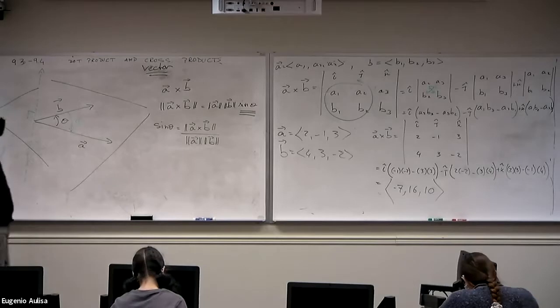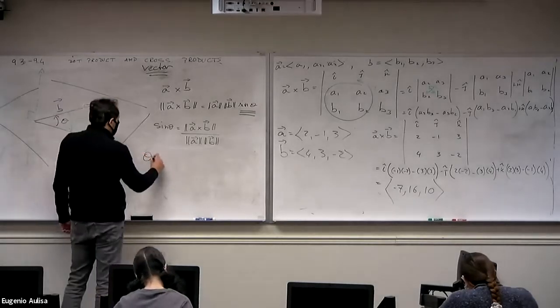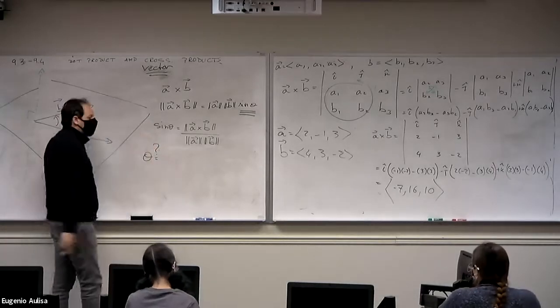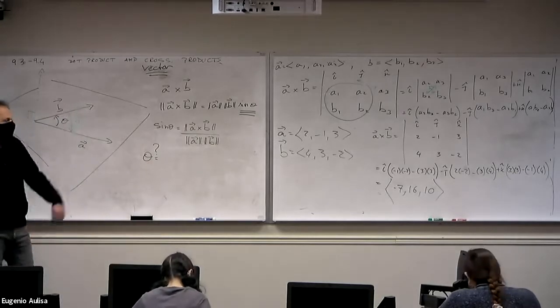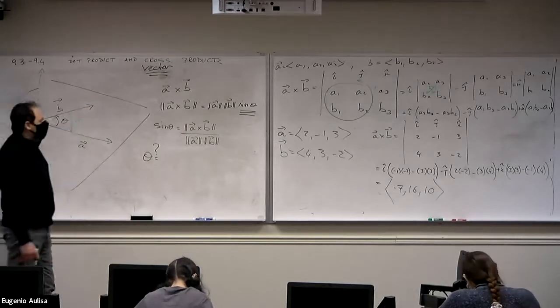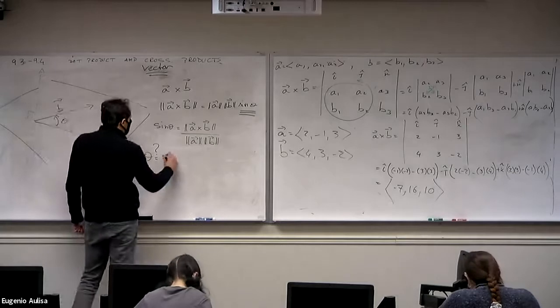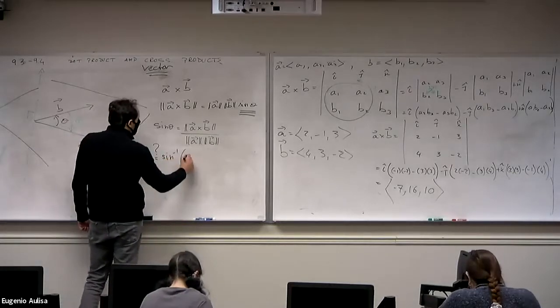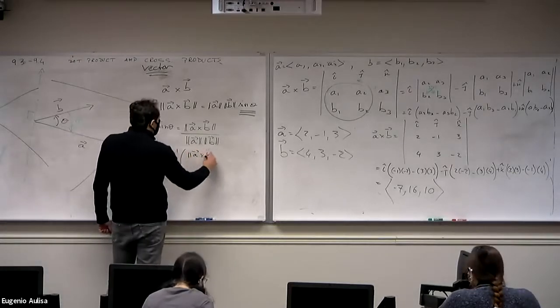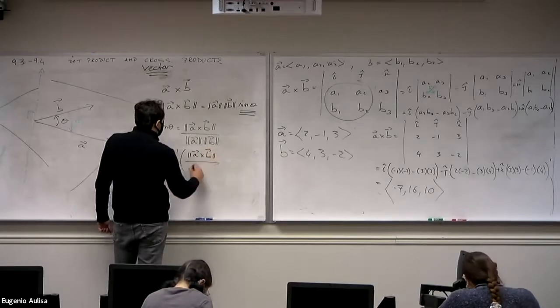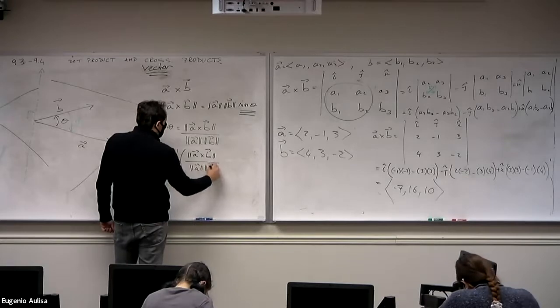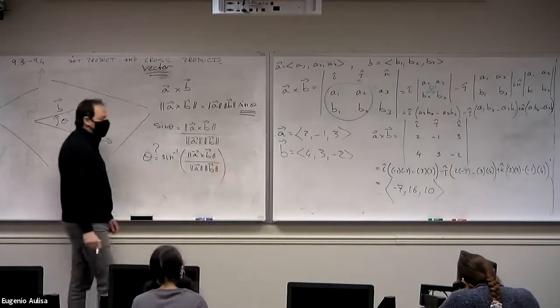Then I'm asking you, find theta. And you say, oh, I already have sine theta. I'm going to say that theta is sine inverse of the length of A cross B divided by the length of A times the length of B.